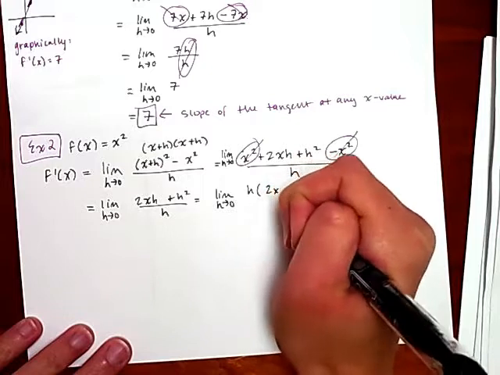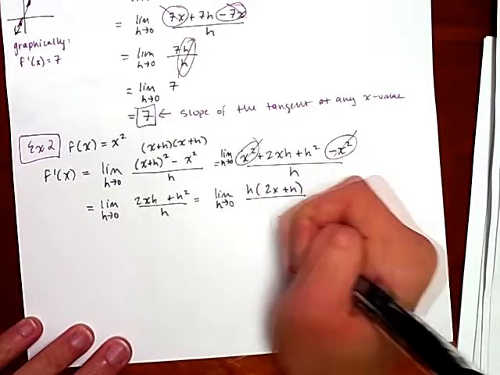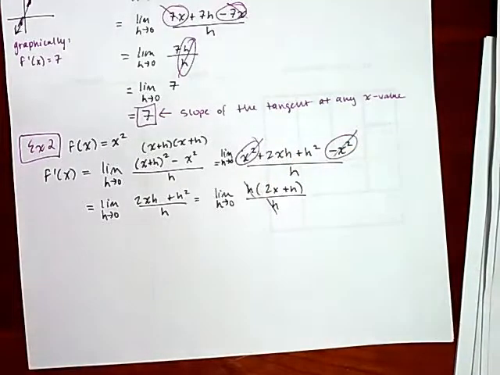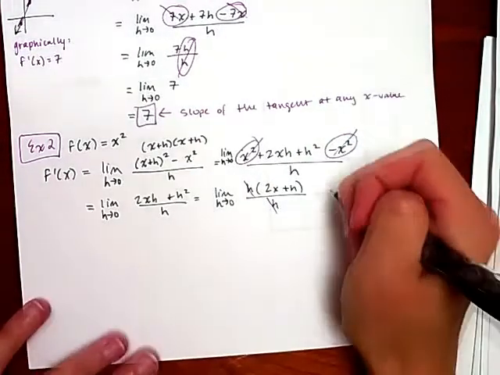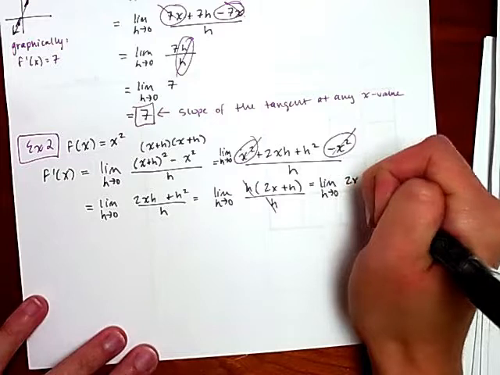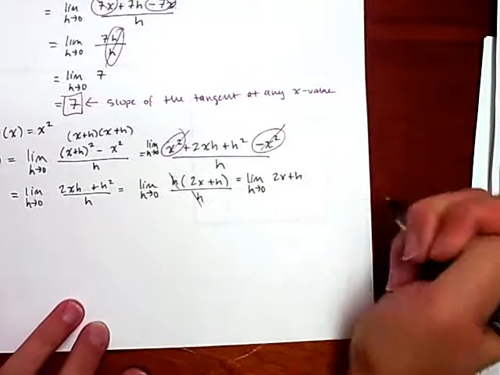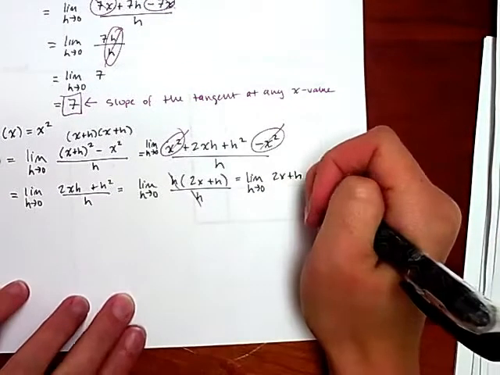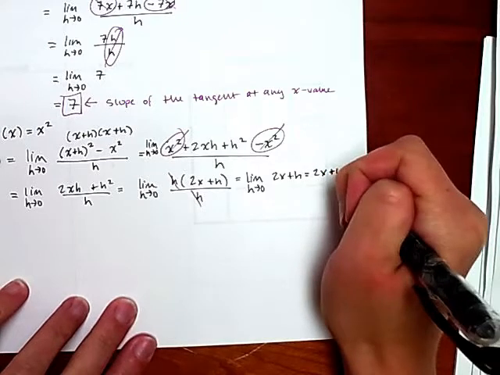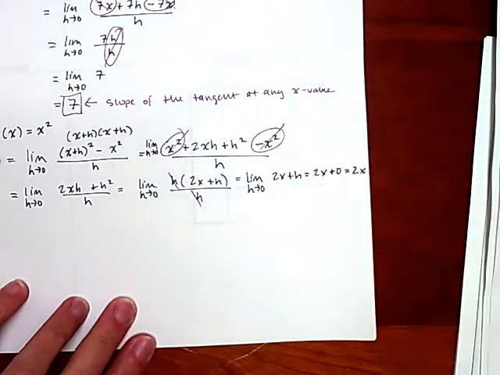And then this becomes 2x plus h in the parentheses. And now I see, oh look, now that I factor that h out, I can cancel an h top and bottom. Now this is the limit as h goes to 0 of 2x plus h. When I plug in 0 for h, I get 2x plus 0, which is 2x.